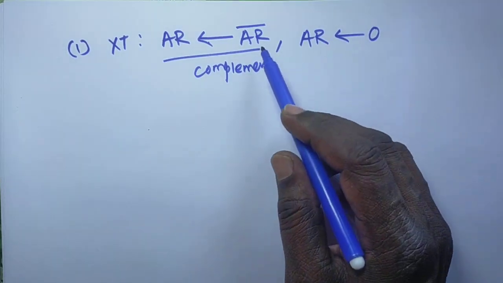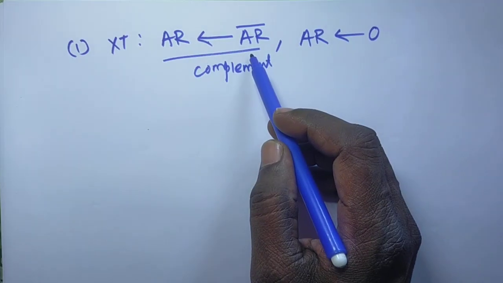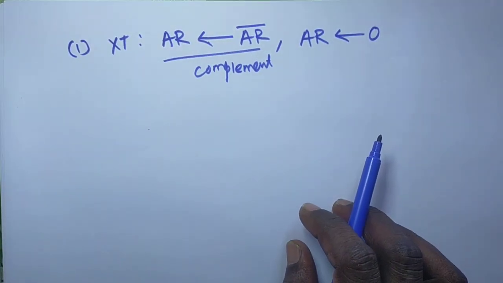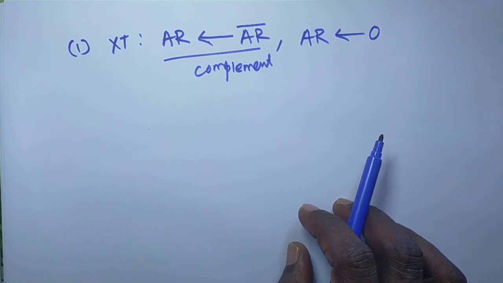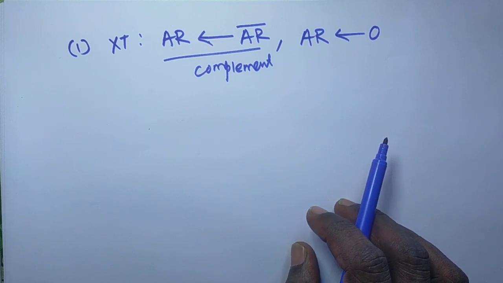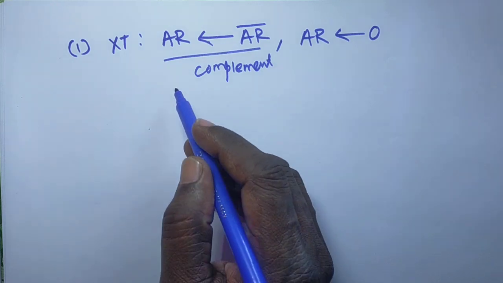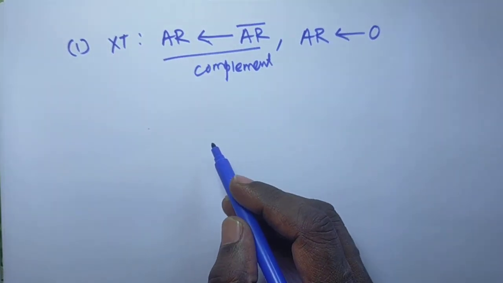This is the solution: if we execute this statement, it cannot complement and also load the same register, the AR register, at the same time.